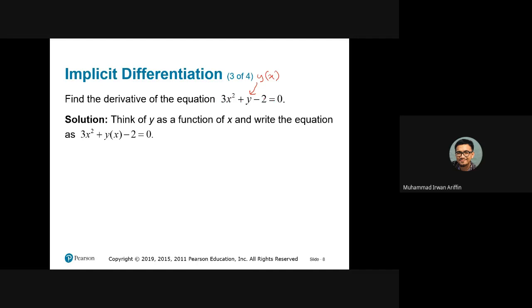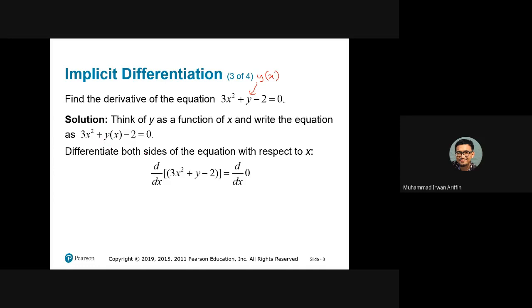This will not change because there is no x in 2. This is a constant. But since y depends on x, when x changes, y would also change. So do not simply put 0 here. The derivative of y with respect to x is not 0 because y is a function of x. So try to imagine and rewrite it like this, so there is an x here.